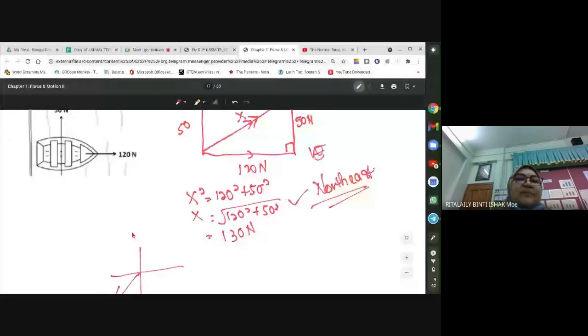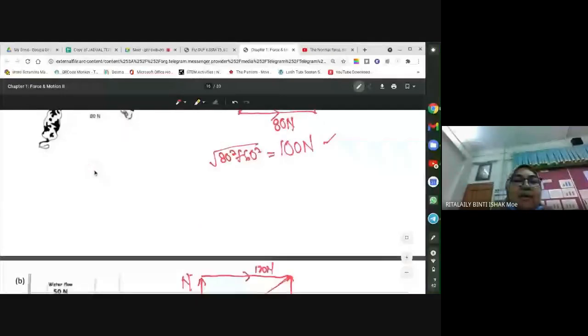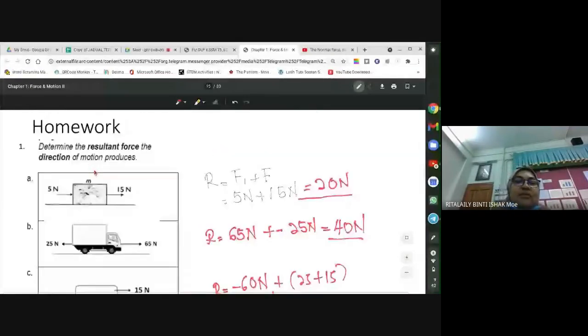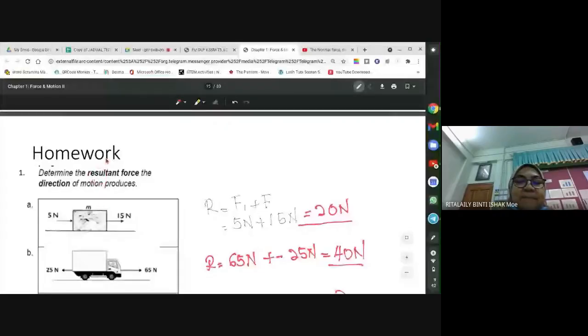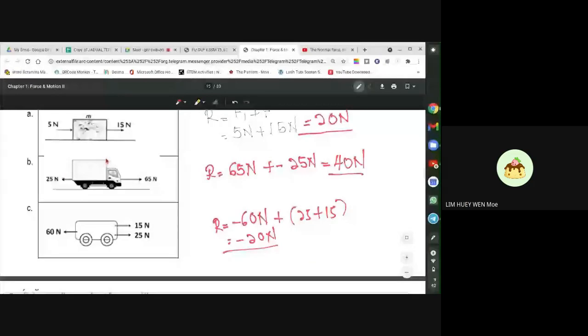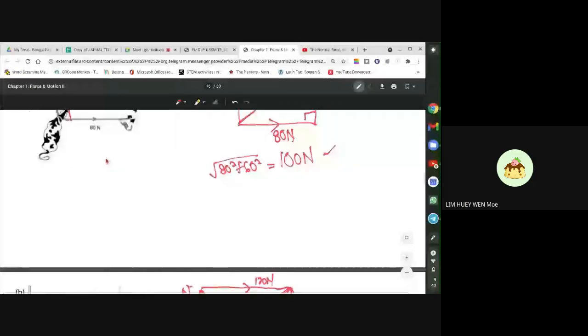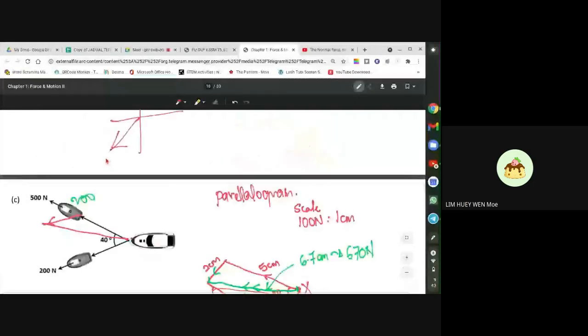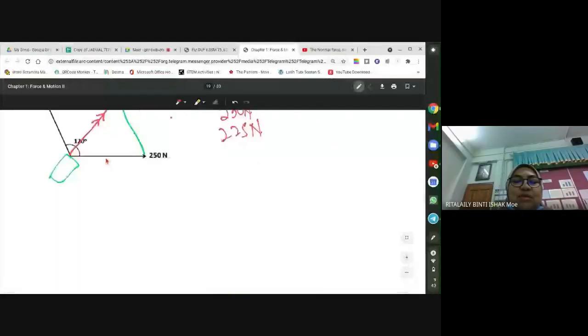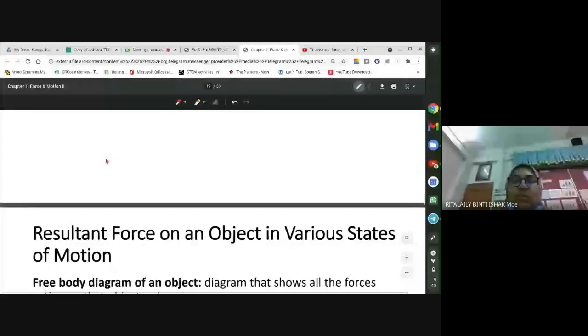Okay, so my method is when I give an exercise, you need to paste it in your book and write the answer in the book. Okay, any more questions? Teacher, if the work is submitted through Google Classroom, do we still need to print it out? For those who have submitted in Google Classroom, you don't have to print out.